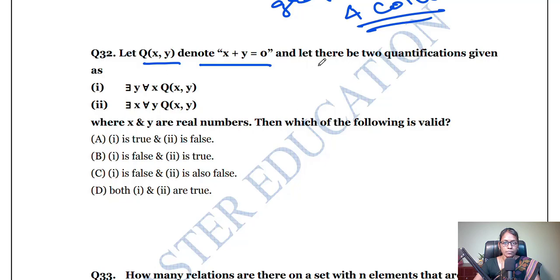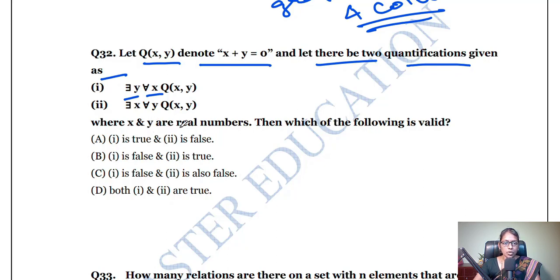The next question: let Q of x comma y denote x plus y equal to 0, and let there be two quantifications given, for all x for some y, and for some y for all x.